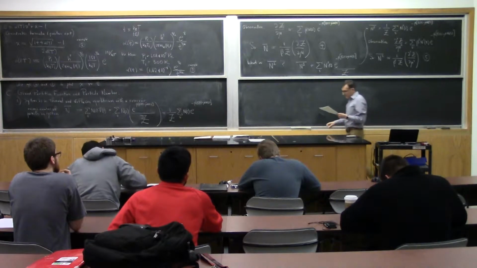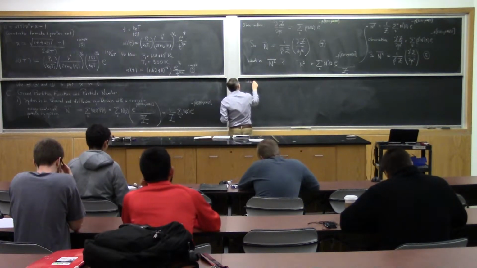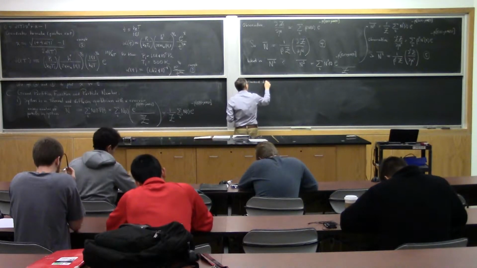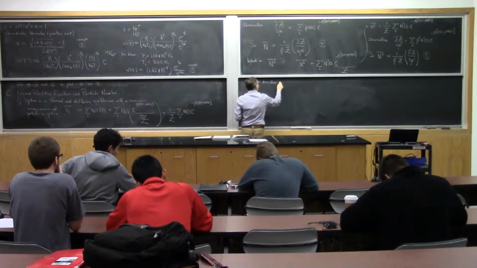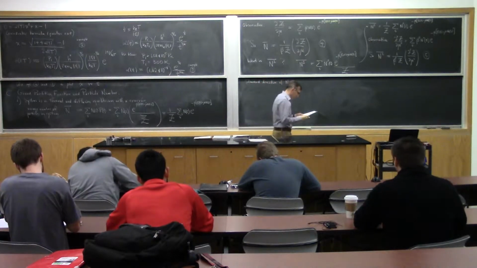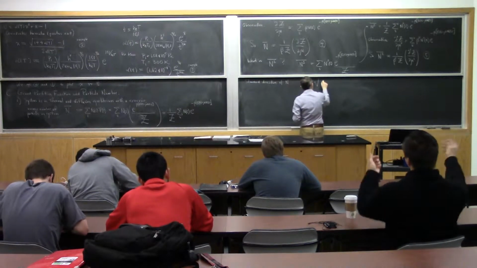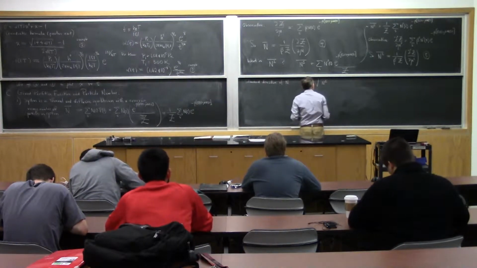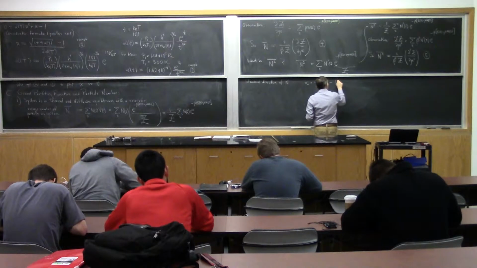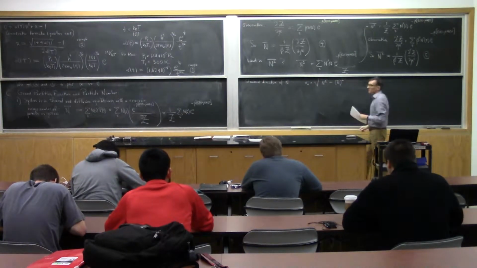Now let's find the standard deviation of the particle number. How much variation is there? Sigma sub n. That's the square root of n squared average minus n average squared. Be very careful with that notation.